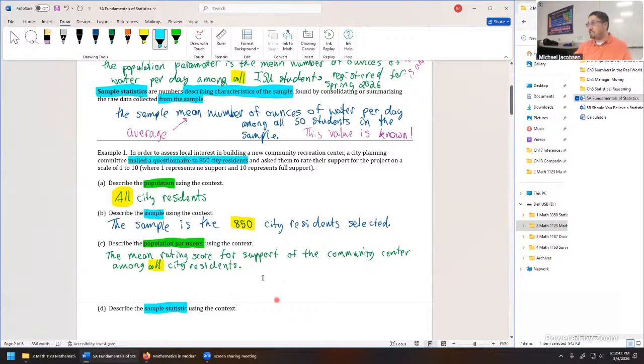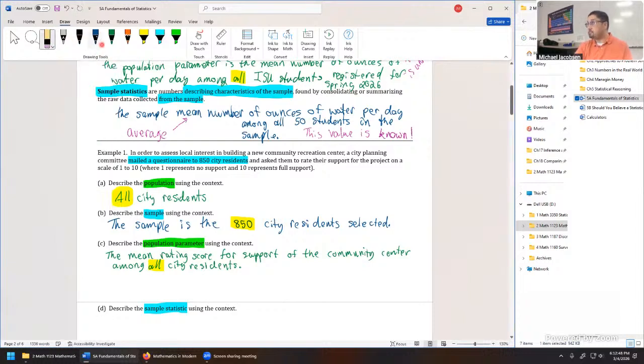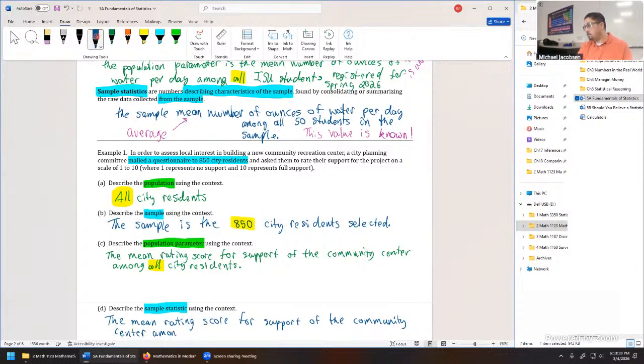We're going to say this is the average or the mean rating score for support of the community center among the 850 city residents.